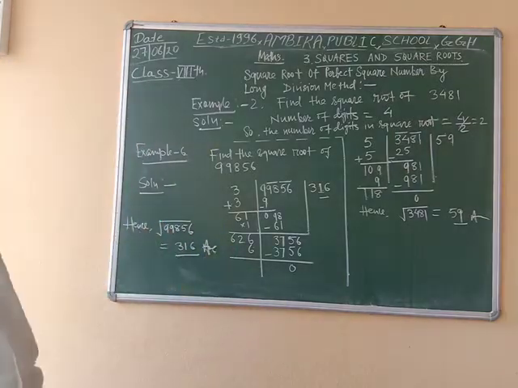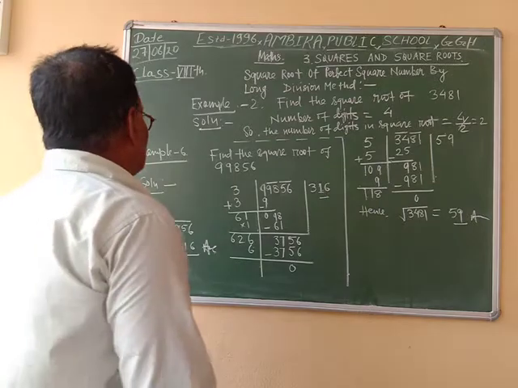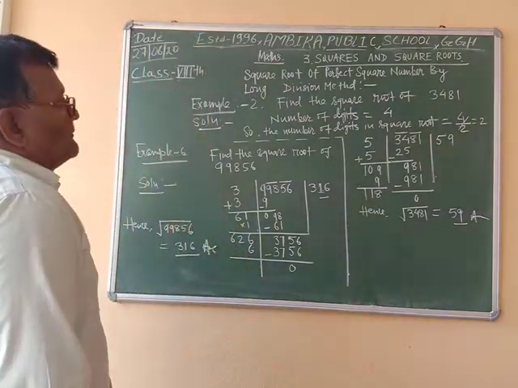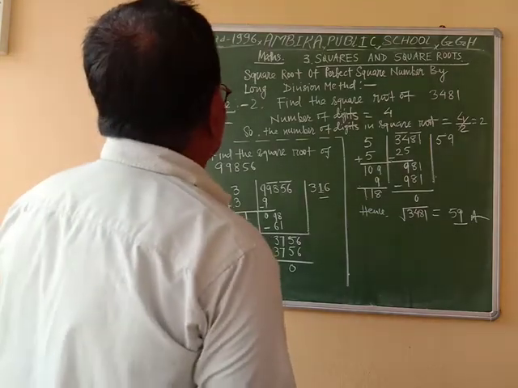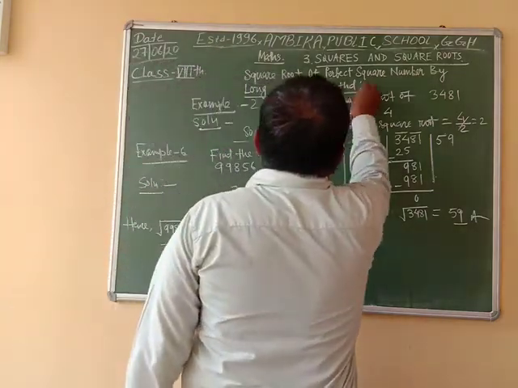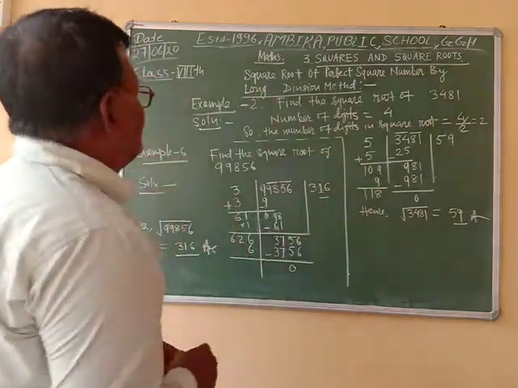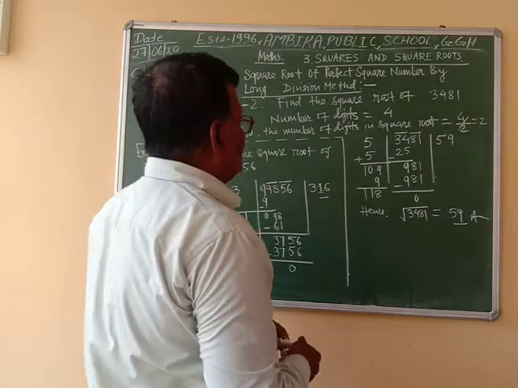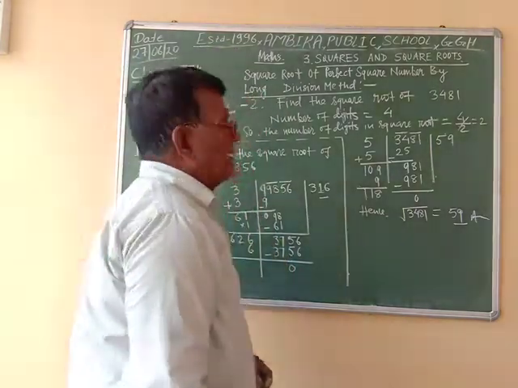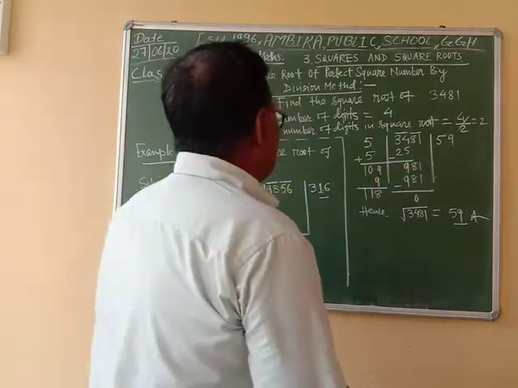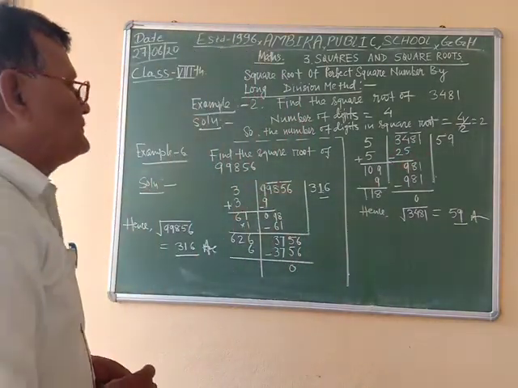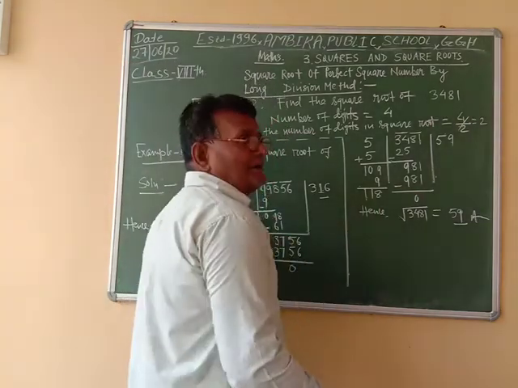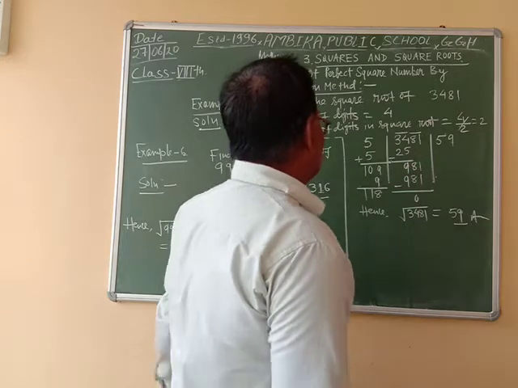In this way, we can find the square root of any number by long division method. I have discussed about long division method. First of all, we make a pair starting with unit digit, and we have to choose such a divisor whose square is equal to or less than 34.